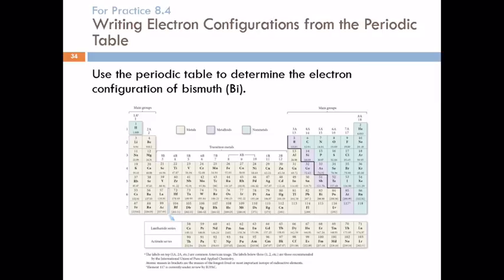Use the periodic table to determine the electron configuration of bismuth. And here's a periodic table on the slide for our convenience. Bismuth is right down here. So we're going to do the whole thing.